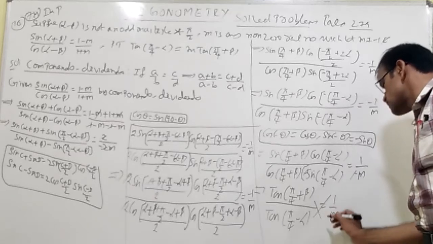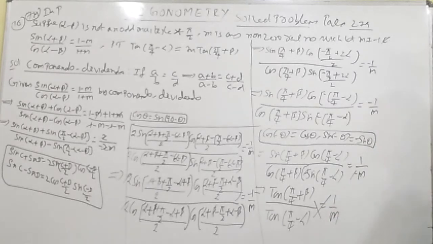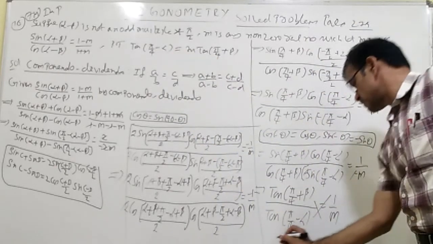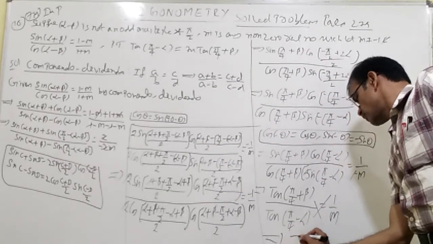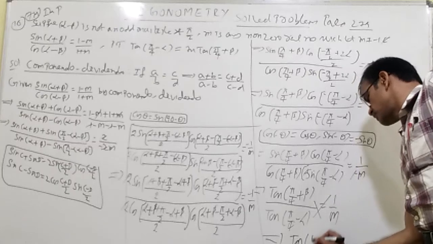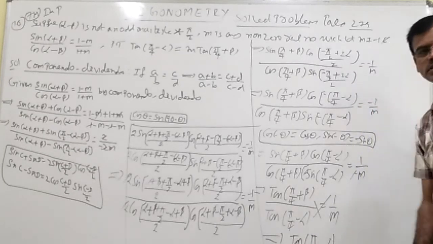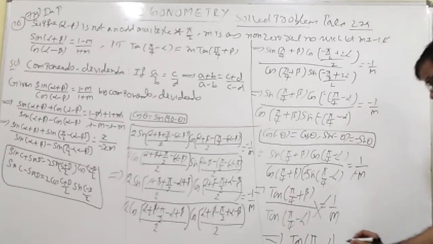Now take cross multiplication. By taking cross multiplication, you will get tan of pi by 4 minus alpha is equal to m tan of pi by 4 plus beta.